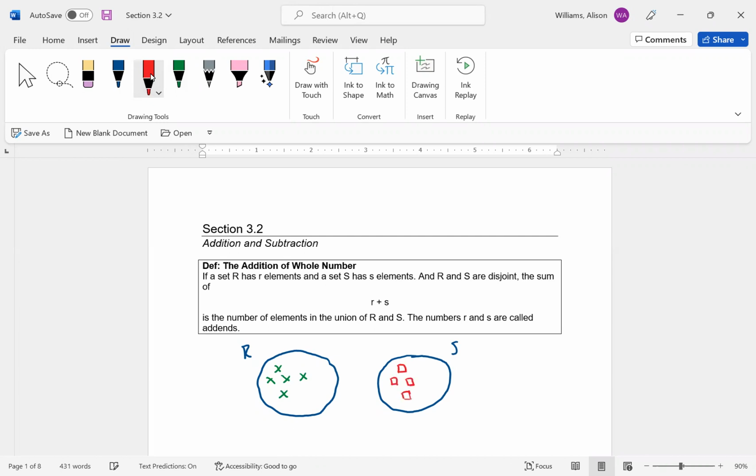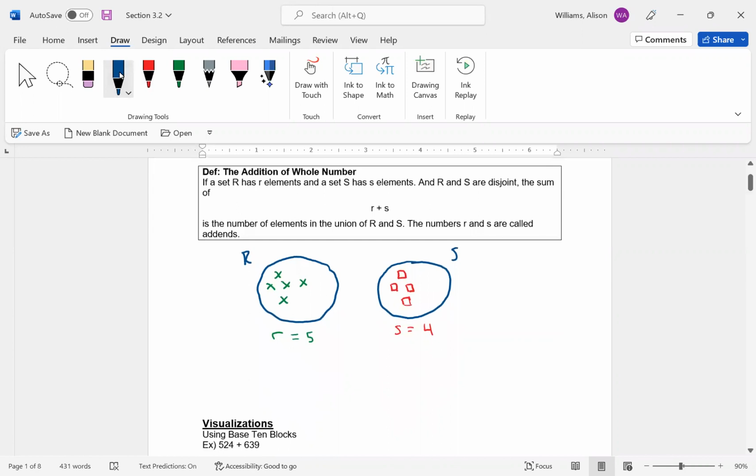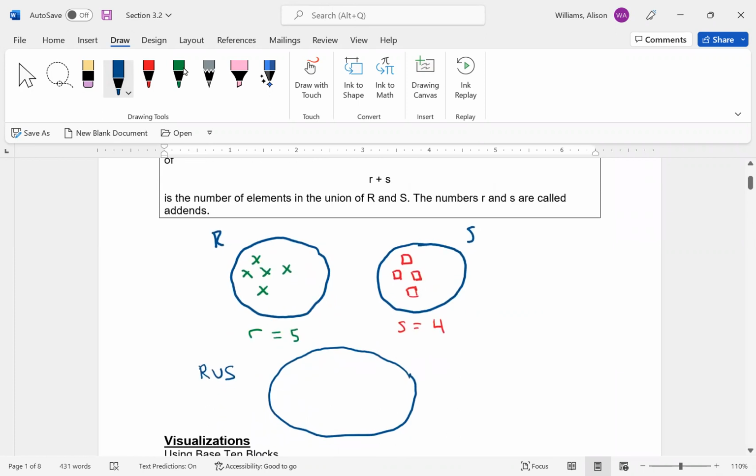Okay, great. So little r would be how many elements, how many members there are. In that case, it would be 5. And little s would be 4 because there's 4 members of that set and they're disjoint. So r plus s is the number of elements in the union of these two sets. So union, you might remember, is bringing the sets together. So this will be R union S. And here, let me zoom in a little bit so I can do a better job with this picture.